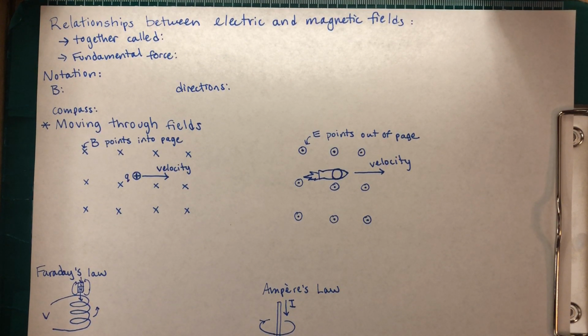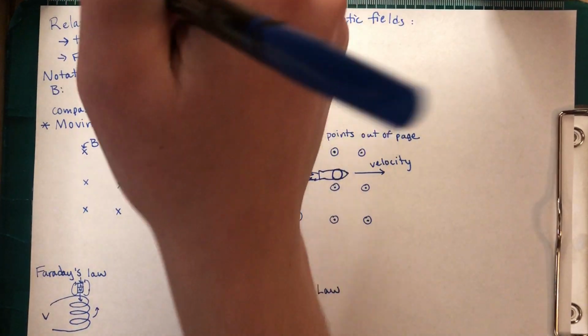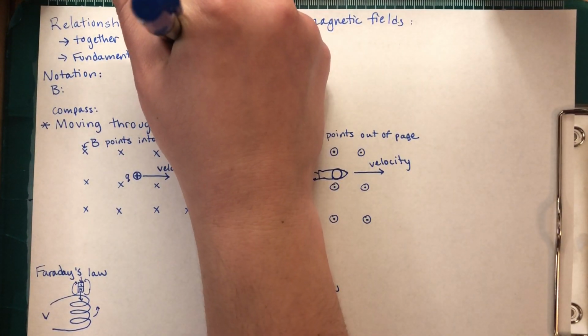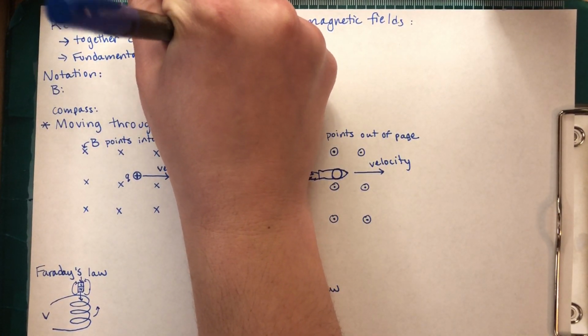So we're just going to talk about the types of things we can observe in a more general sense without equations. But the equations that govern these relationships are together called Maxwell's equations.